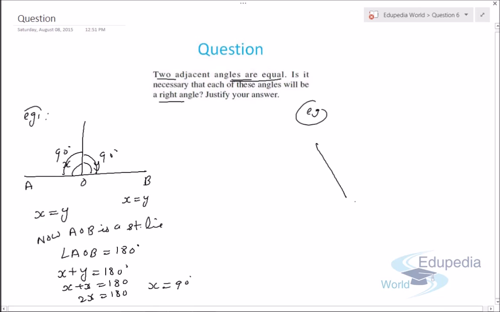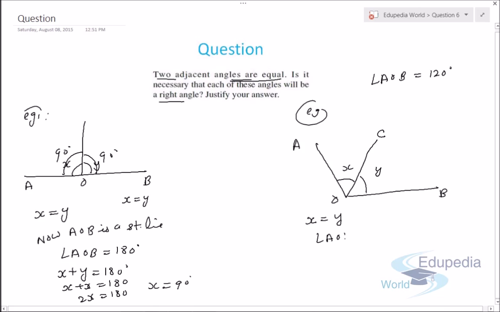Now let's take another example. Suppose we have an angle like this, angle AOB, and we draw another arm over here, let it be C, and we have angle AOB as 120 degrees. These angles are equal as given in the question, so let's mark them as x and y again. Now it's given that angle x equals angle y and angle AOB is 120 degrees, so x plus y equals angle AOB.